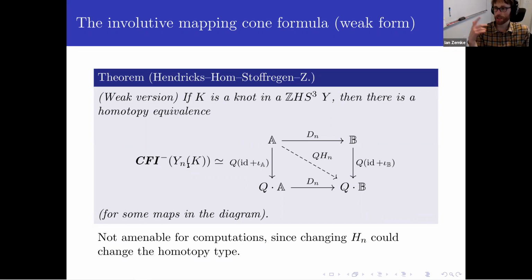As a chain complex, it just is some chain complex that looks like a cube. Another way, and the better way to think about it, is that the involution on CF minus is gotten by summing all the arrows that have a vertical component. So the top is CF minus of Y_n, the bottom is CF minus of Y_n, and the involution is just all the vertical arrows. Well, that's how I would think about it.